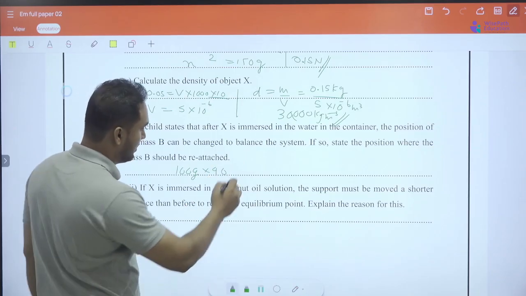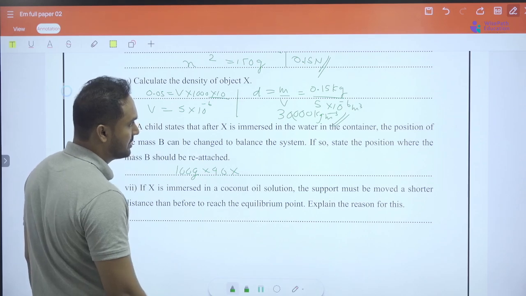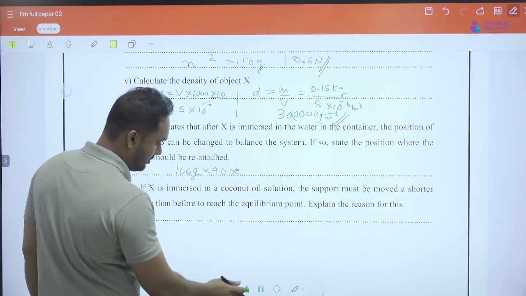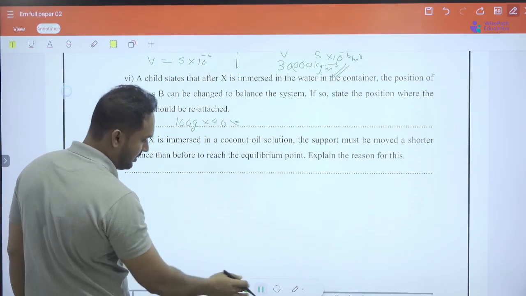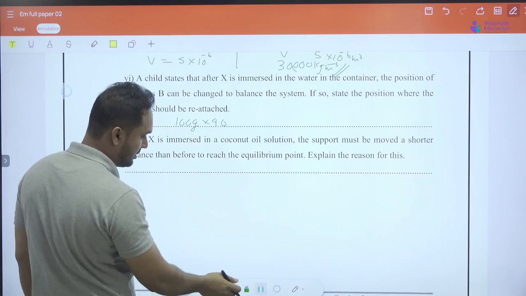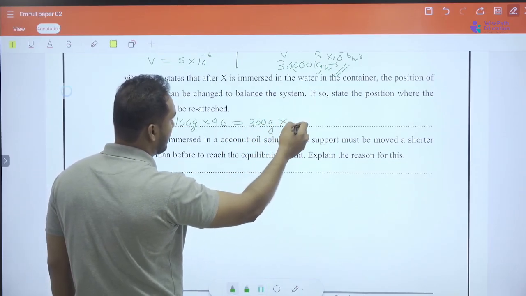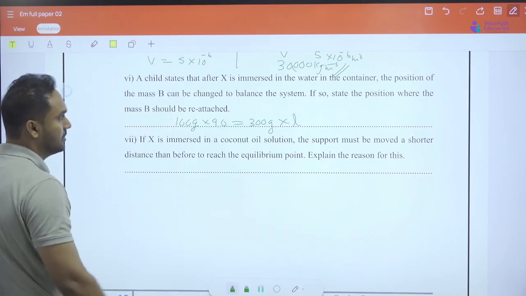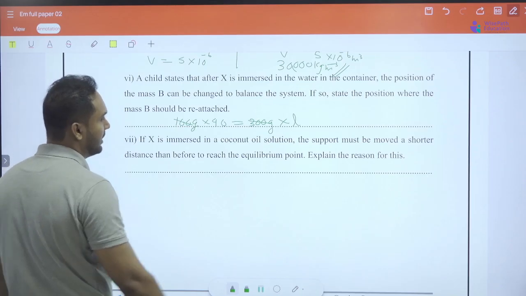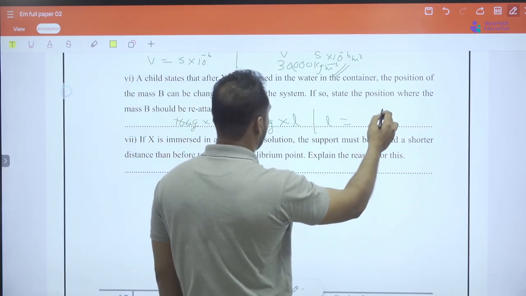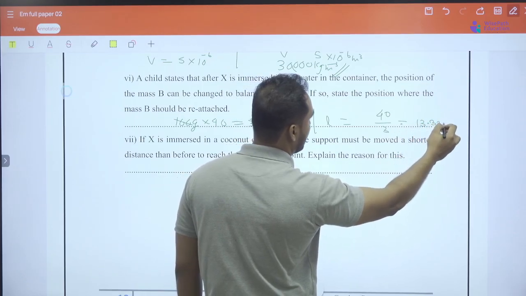Now you have to change the place of the mass, that is the distance. The mass was 300 grams, we'll take the distance as L. You simplify this, and L equals 40 over 3, which is 13.33 centimeters.